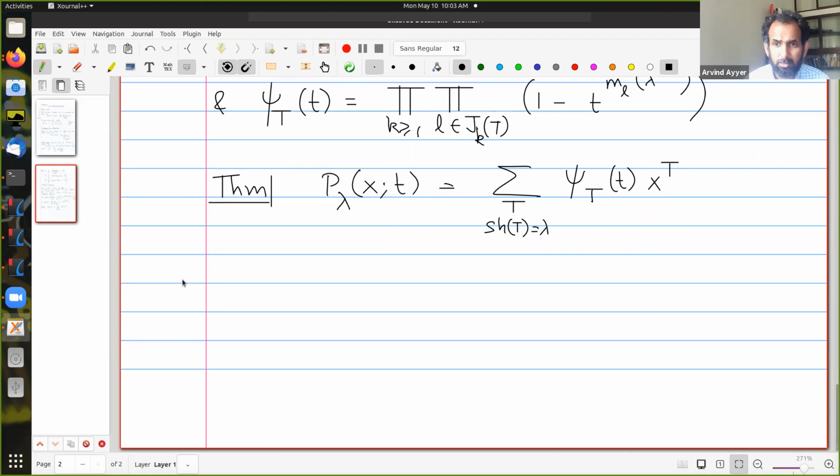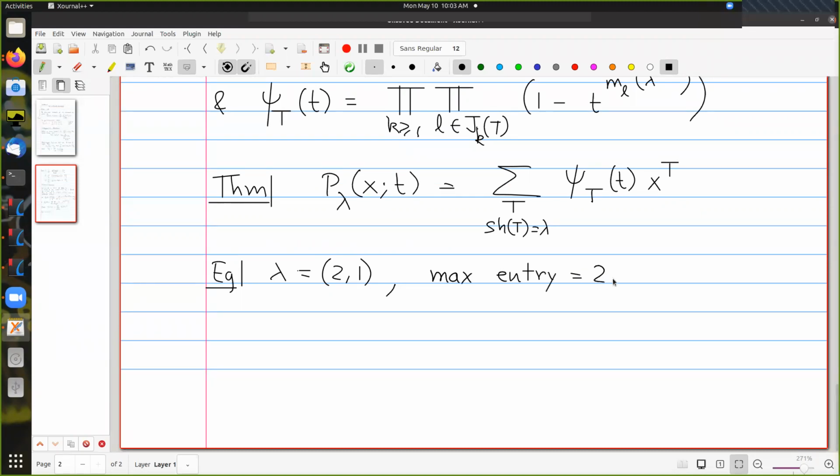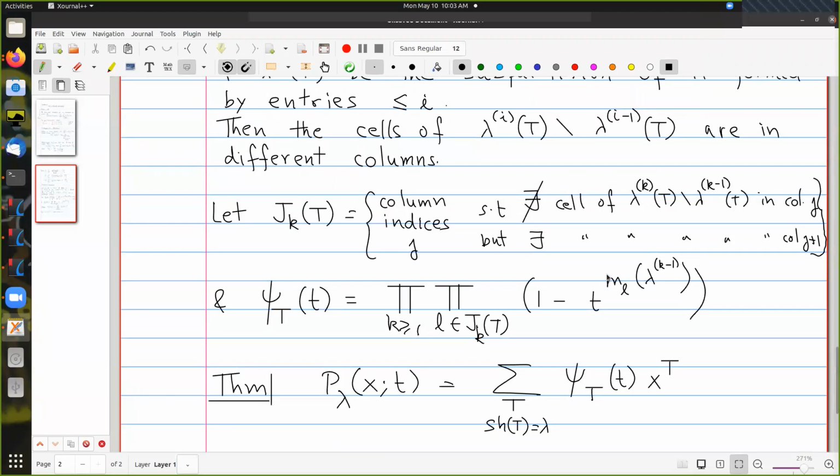So I can give you the first non-trivial example. Take lambda to be the partition 2, 1, and I'll take the maximum entry. I had a question, sorry. Sure. If you put t equals 0 on both sides, do you recover the definition?